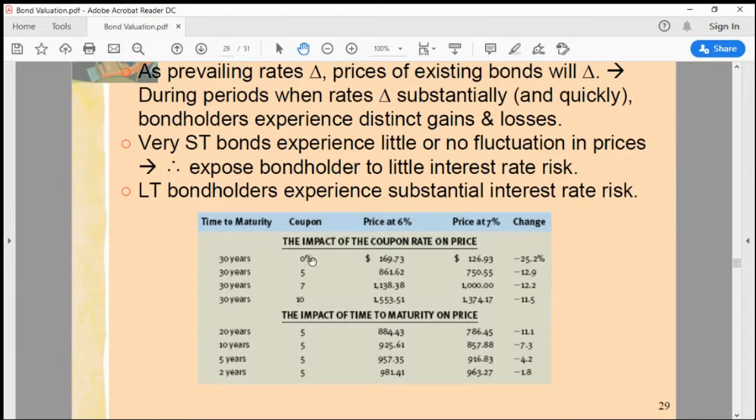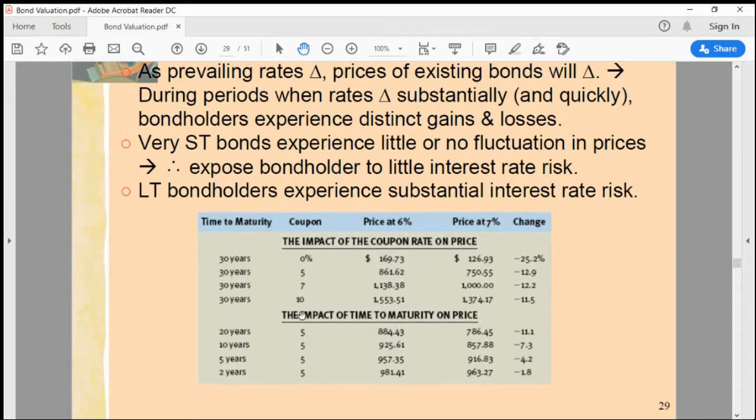If it is zero coupon, at the prevailing market rate of 6%, a 30-year zero coupon will sell at a market price of about 169. So it is sold at a very deep discount, right? If the prevailing market rate goes up to 7%, it's just a 1% increase, then it goes down to 126. So the change is negative 25%.